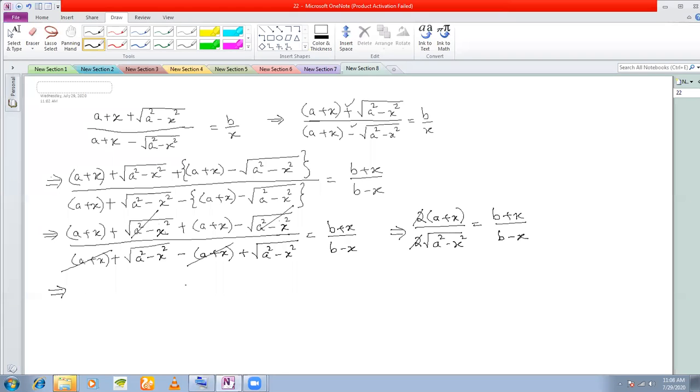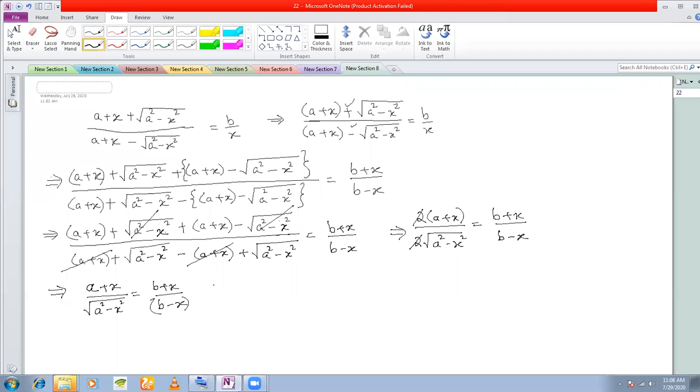Okay, these two will cancel. So what I'm going to get is a plus x by root a square minus x square, equal to b plus x by b minus x.